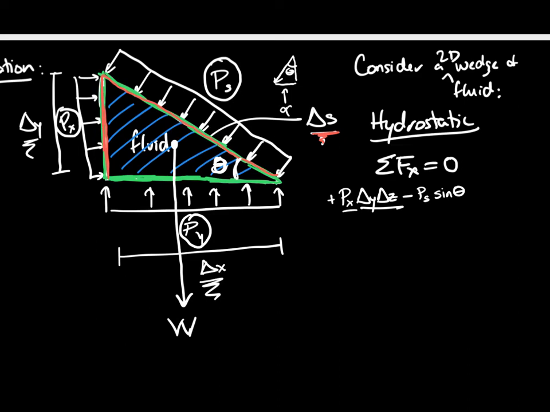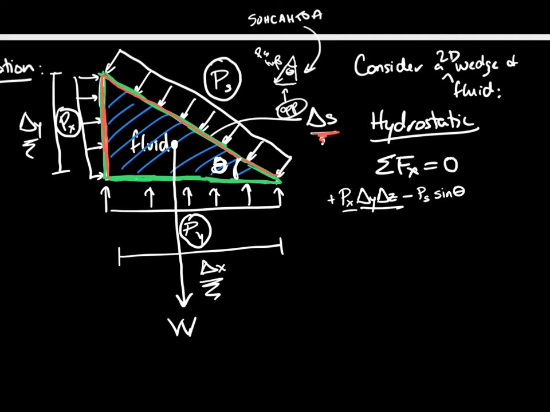So this is the opposite, and this is the hypotenuse. If we take PS, that's the hypotenuse, times the sine of theta, we'll get the opposite. If you can't see that, I highly recommend doing a little SOHCAHTOA on your own, and you'll see that that's the way it works.